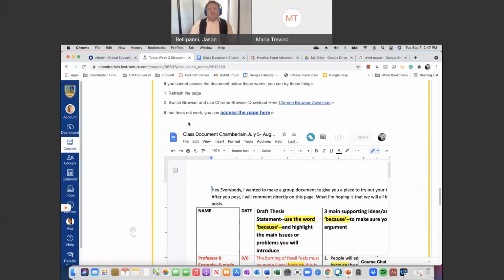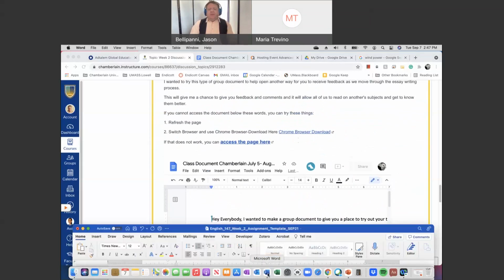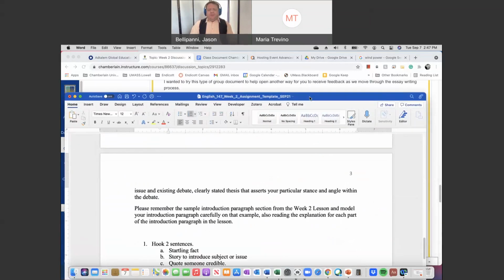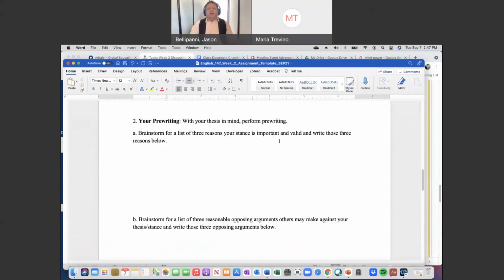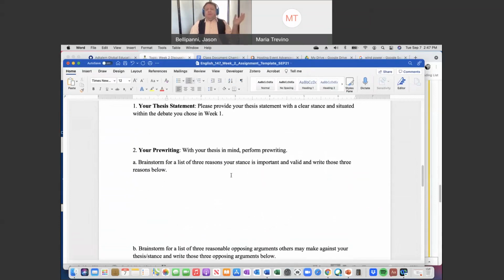But yeah, for the assignment, Chamberlain put together this thing where you're brainstorming, and this list of three reasons why it's important and valid. While you're brainstorming it, hopefully you end up with three solid reasons that are going to be your three main supporting points.